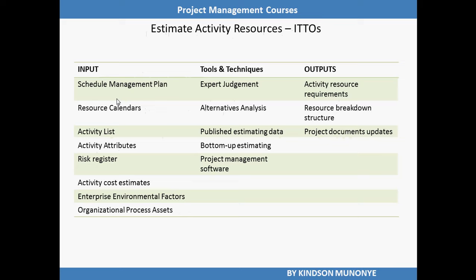Tools and techniques are expert judgment, alternatives analysis, published estimating data, bottom-up estimating, project management software. And the outputs are three of them: activity resource requirements, resource breakdown structure or RBS, and project document updates.